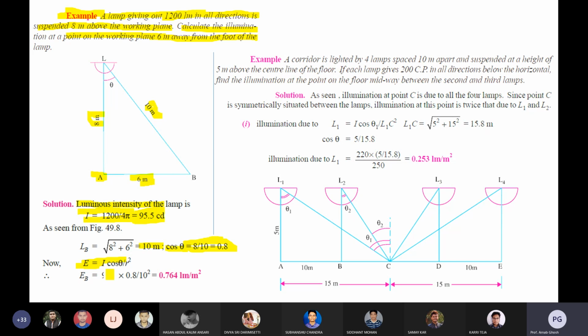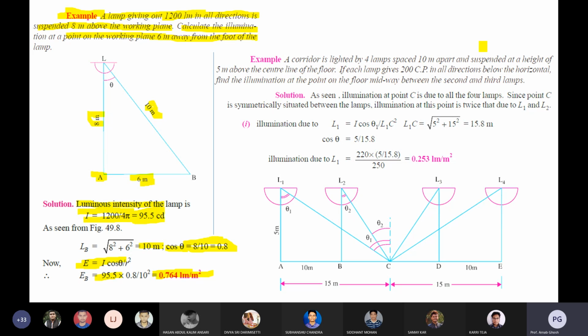So EB equal to EA, where I in this case is 95.5. So EB equal to 95.5 into 0.8 by 10 square, and you can write 0.764 lumen per meter square directly.